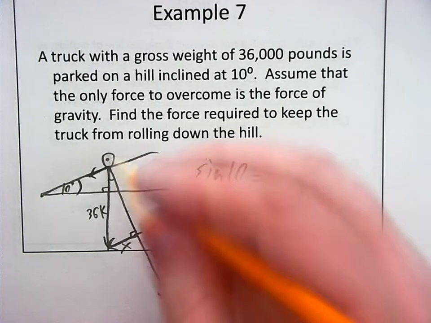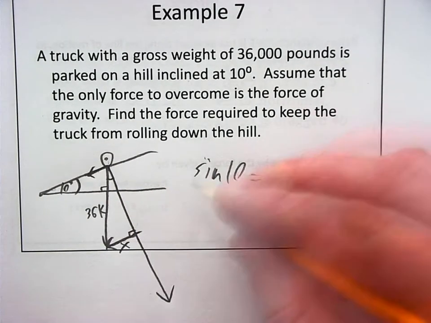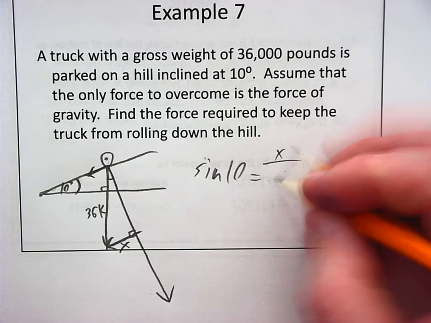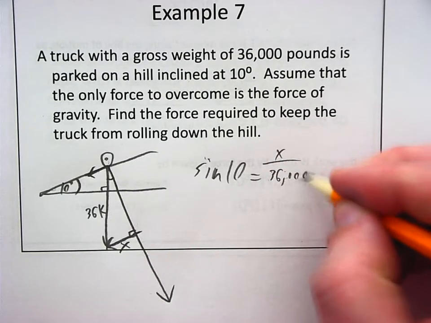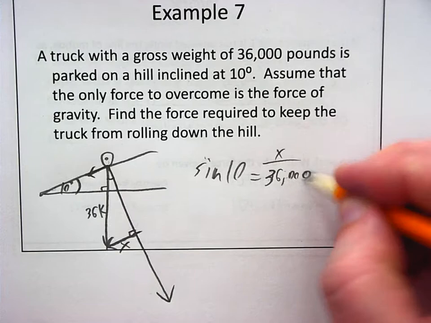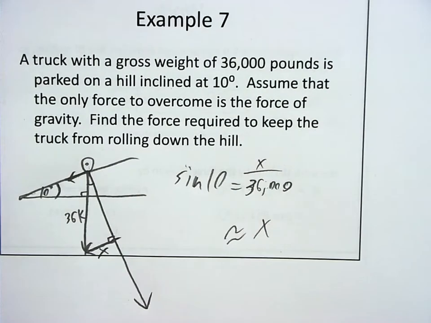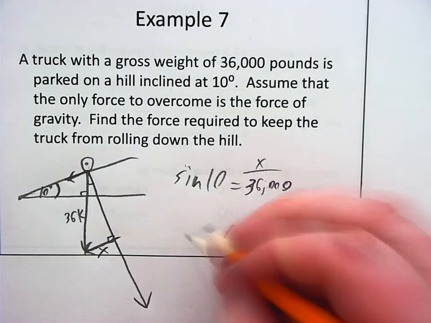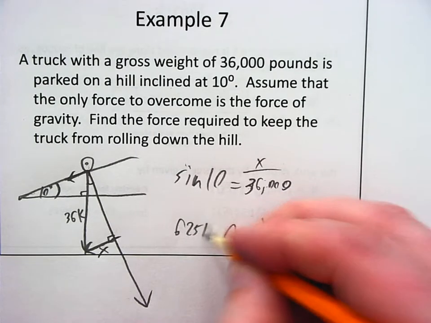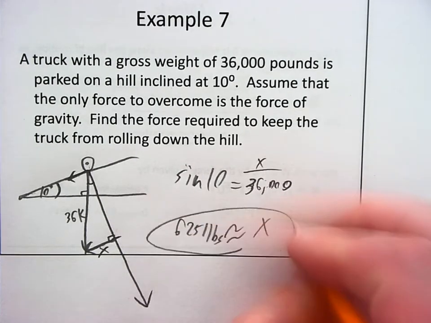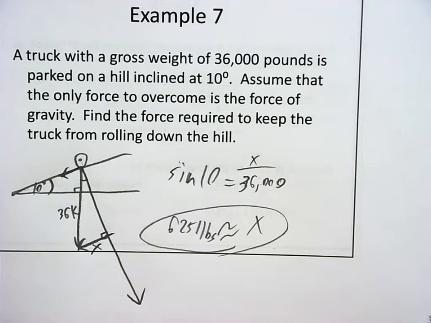Yeah, I would just use SOHCAHTOA. That's opposite and hypotenuse. So sine of 10 is equal to x, the opposite, over the 36,000. So what's x? So 6,251 pounds, approximately. Okay?